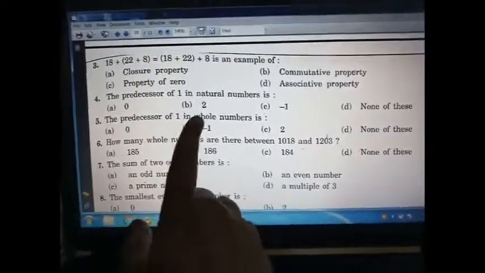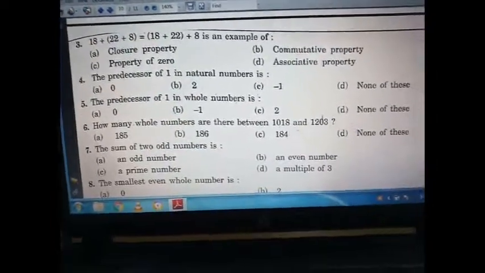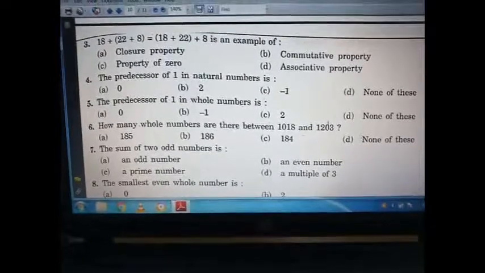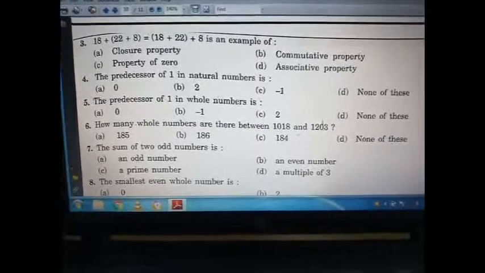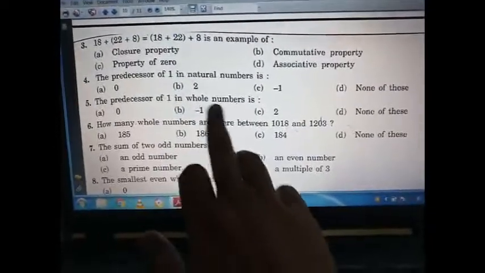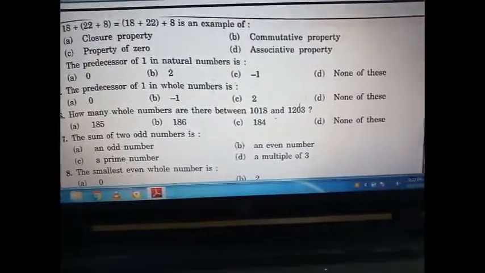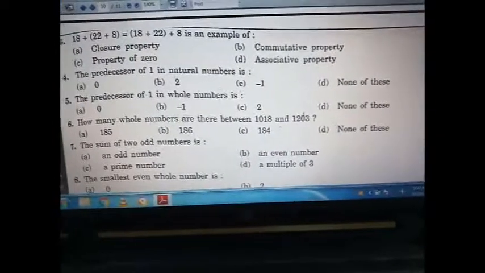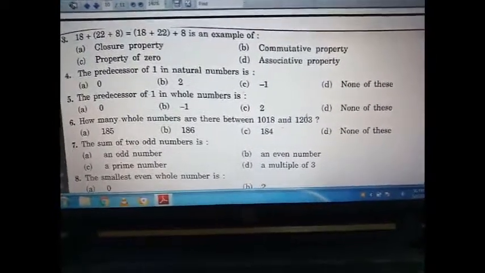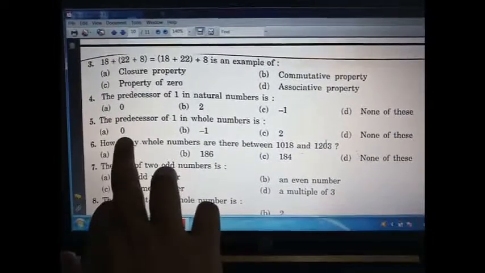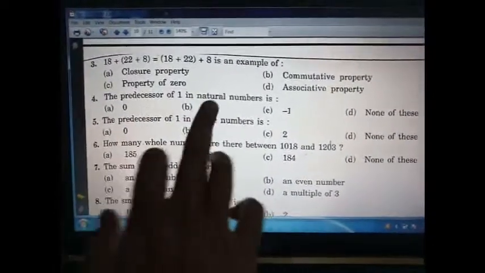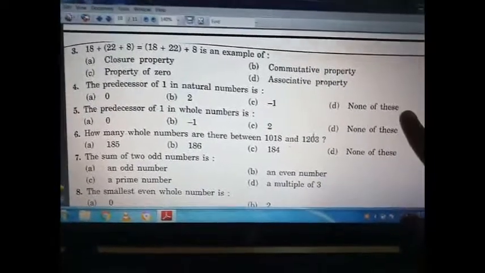Here we will go through none of these, because it is asking about natural numbers only. In question number 5, the predecessor of 1 in whole numbers. Whole numbers usually start from 0 to infinite, so we will go with 0 in this condition. But in the condition of natural numbers we will go with none of these.